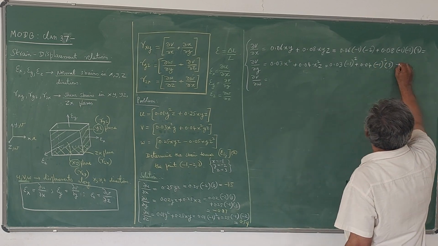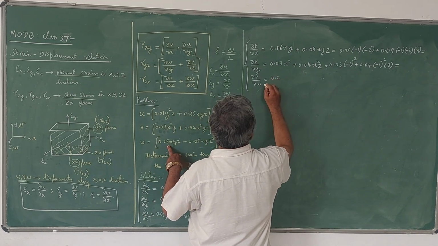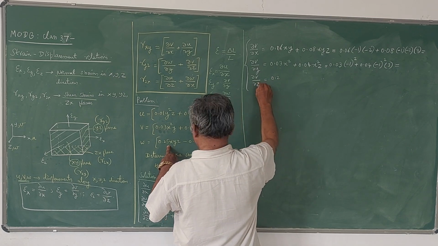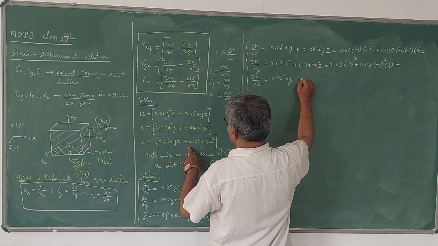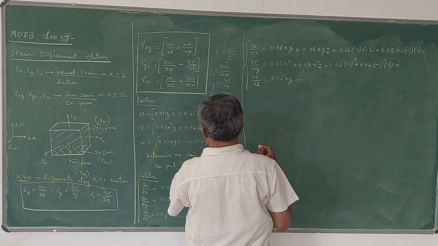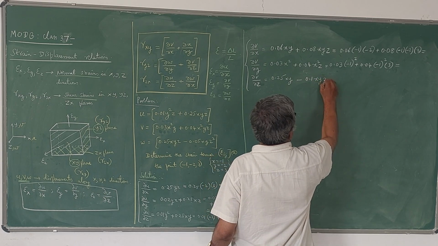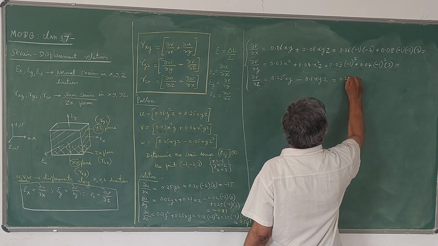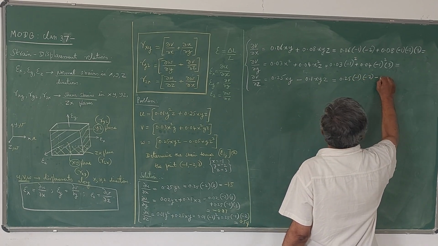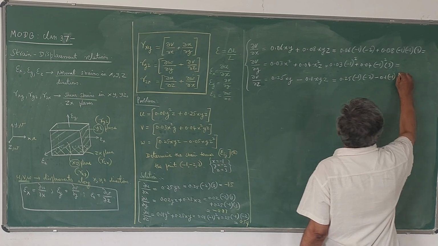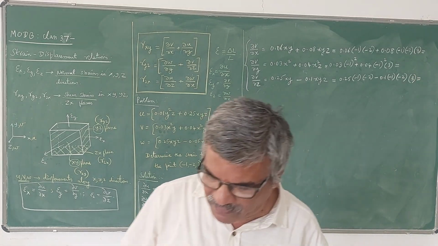We will simplify that. ∂v/∂z is 0.25xy minus 2z, that is minus 0.1xyz. So substitute the values: 0.25 into minus 1 into minus 2 minus 0.1 into minus 1 into minus 2 into 3. So once again let us simplify this.